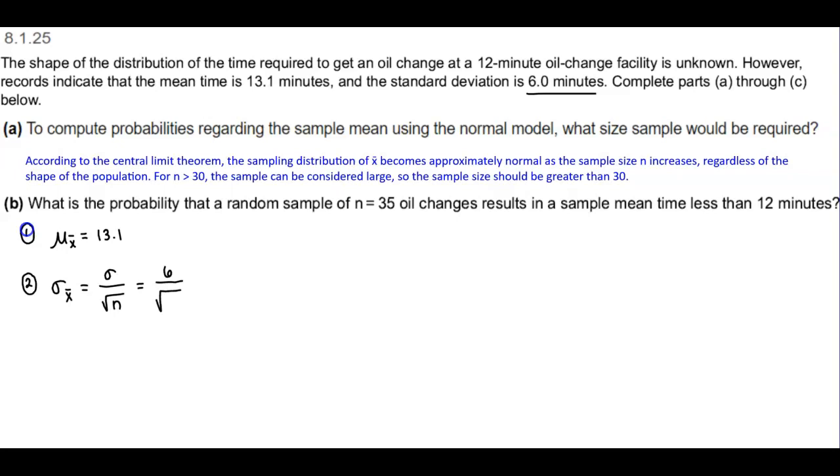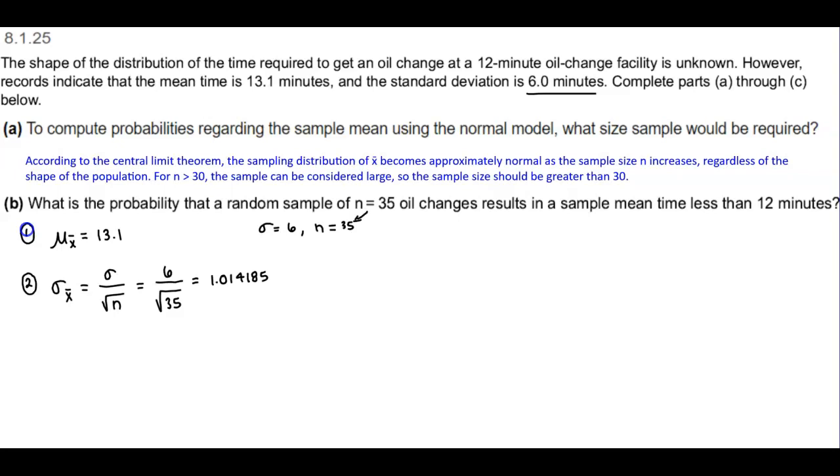The sample size is 35. So that's 6 over the square root of 35. And if we find that on our calculator, we end up getting 1.014185 as our standard deviation.